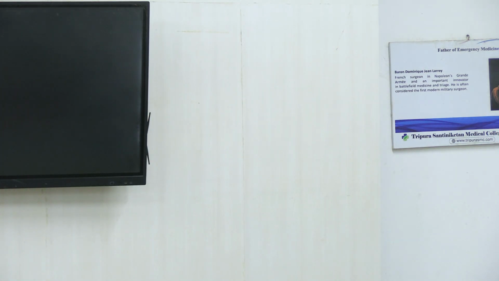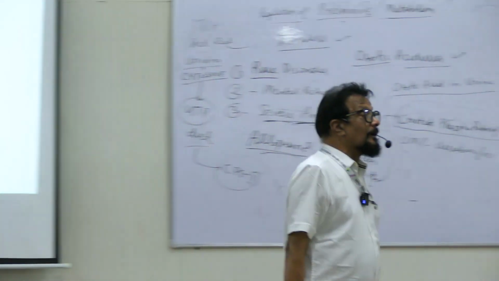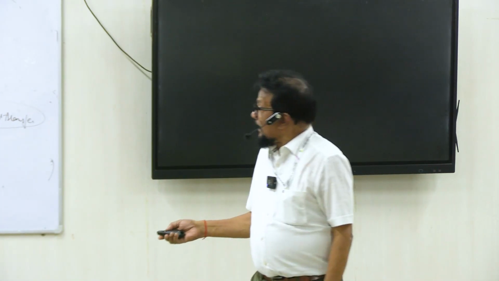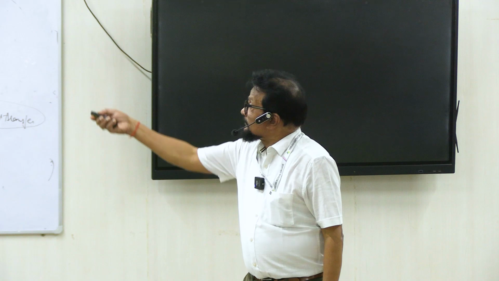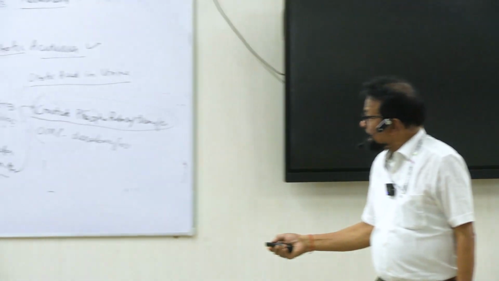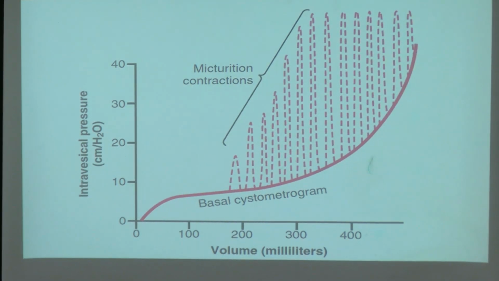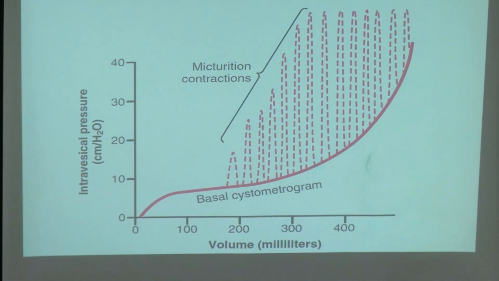Now we call it the cystometrogram. How is this graph produced?